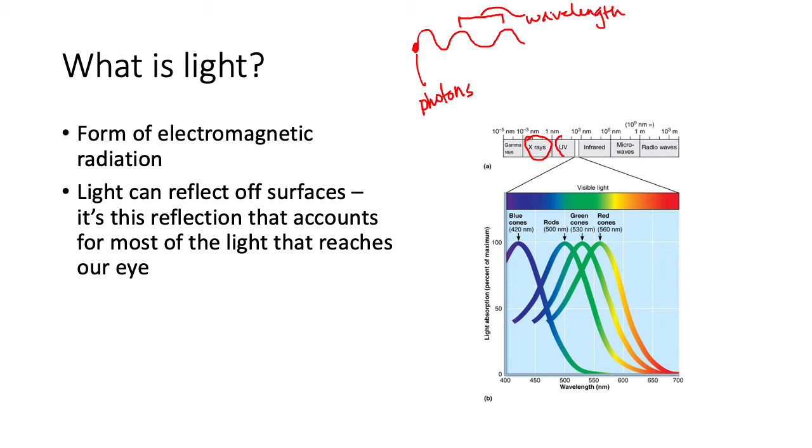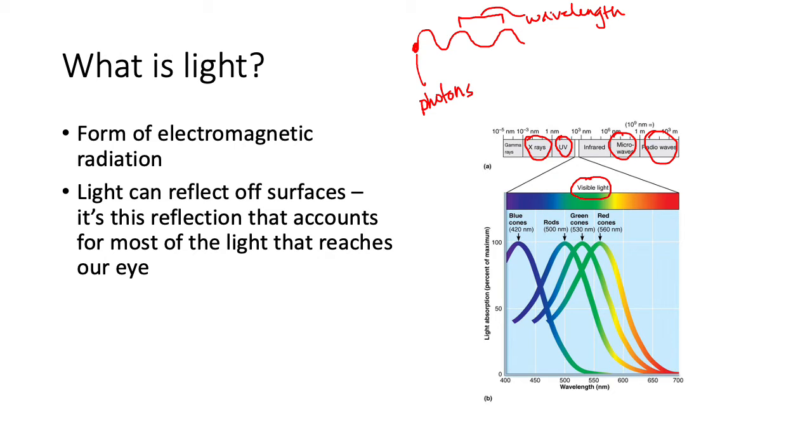UV rays, those UV rays that give us that tan we always want in the summer, but also can give us that horrible sunburn, are a form of light, an electromagnetic radiation. And then we have the visible light spectrum, which I'll talk about here in a second. And we have things like microwaves, which cook our food, and radio waves, which allow us to play the radio when we're driving our car.